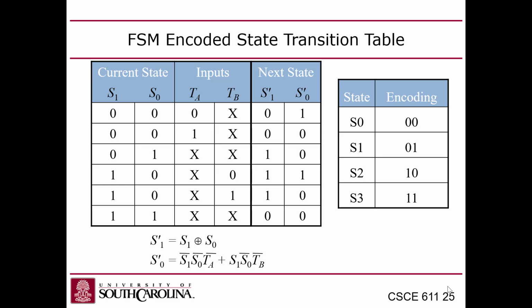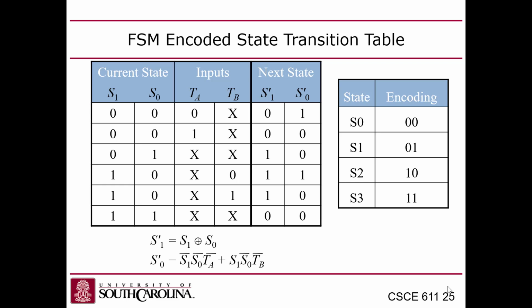Okay, so then you can take this truth table and you can calculate the full sum of products Boolean for this, or you can use a Karnaugh map to simplify the logic. In this case, they say the next state for bit 1 of the next state, so S sub 1 prime, meaning the next value of the most significant bit of the state, is S1 XOR S0.